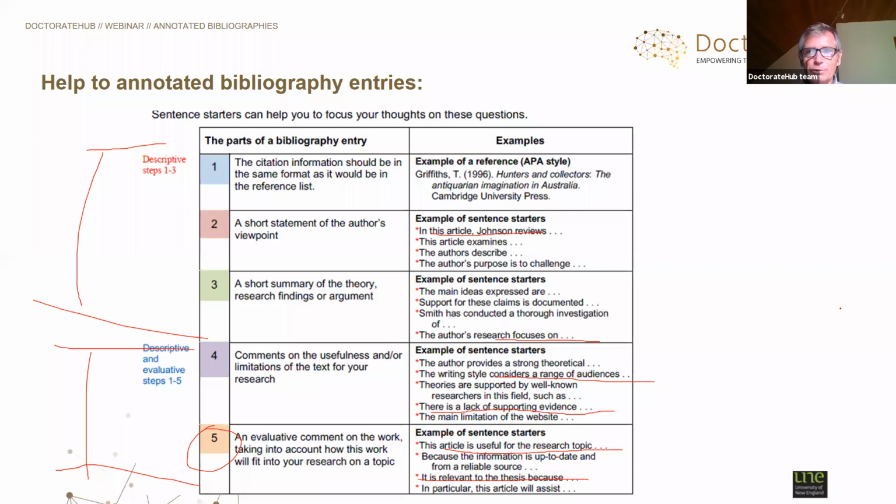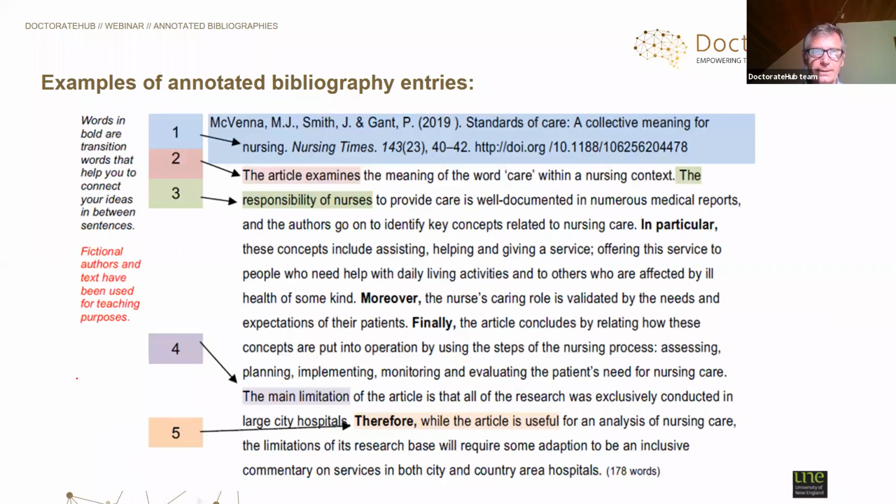So this could be one example. And here we go. The first part is, I guess, clear. That is the citation. Then, as we said, the main idea, the main purpose. The article examines the meaning of the word care within a nursing context. And then we go to present a little bit deeper what it is about.